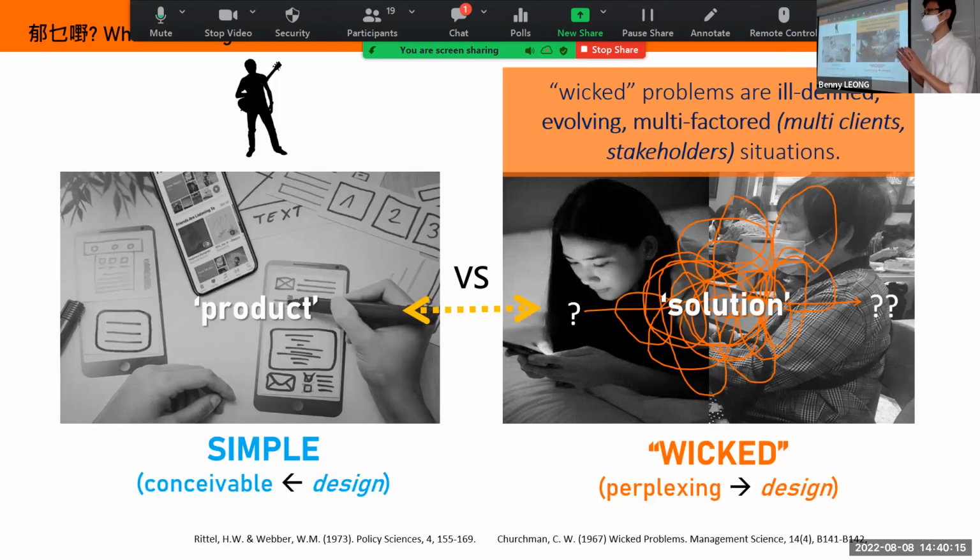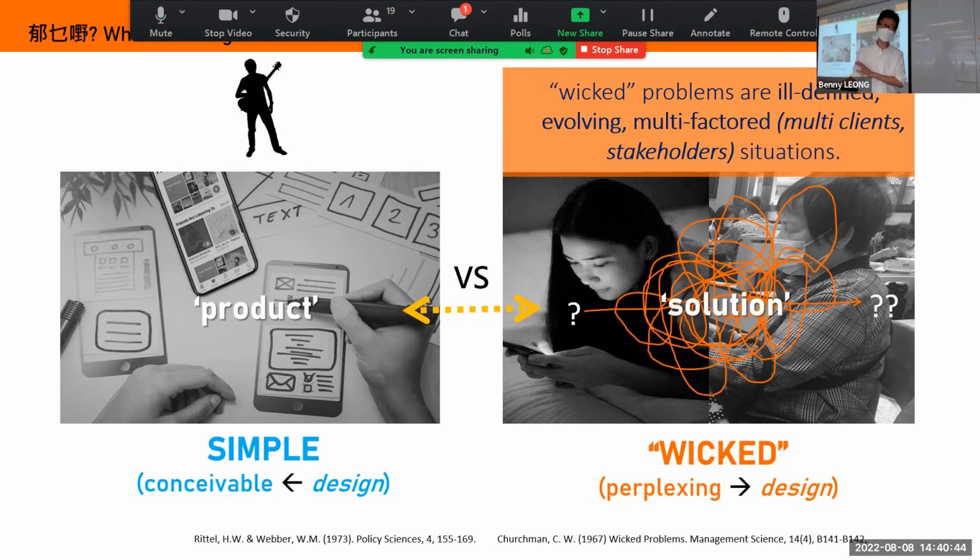If you compare these two differences, in the past our school has been very famous for training designers to deal with what we call the product. Product doesn't mean only physical product design. I'm talking about product in a sense that a website is a product, an app is a product, something tangible or intangible, which is more in a controlled and focused manner.